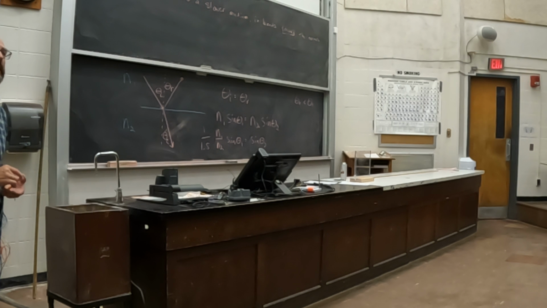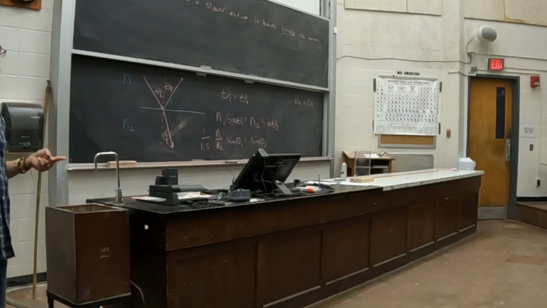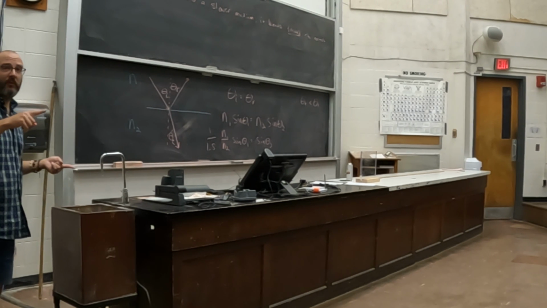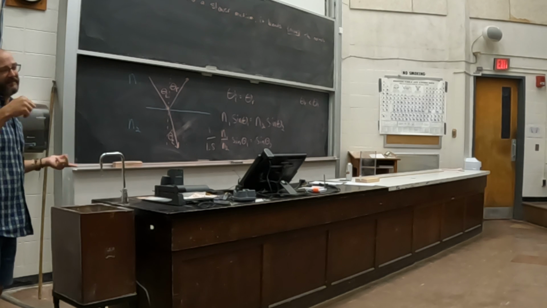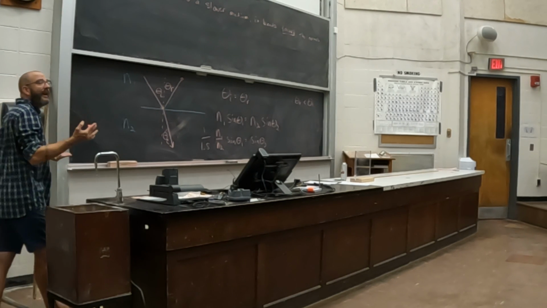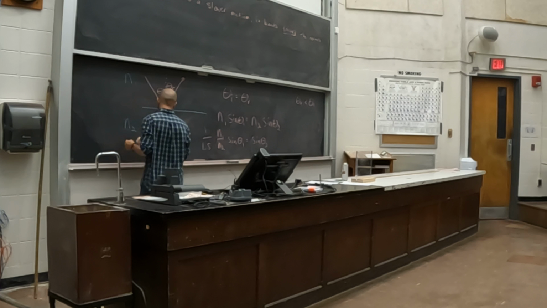Well, it can go the other way too. And you can prove it to yourself the other way if you draw this in the opposite way. Let it bend away from the normal. Maybe use lucite and air as an example.